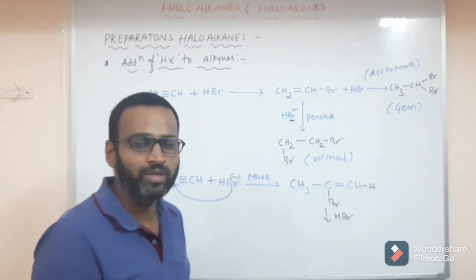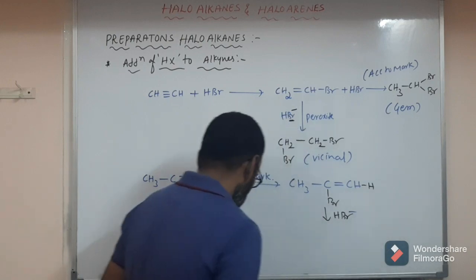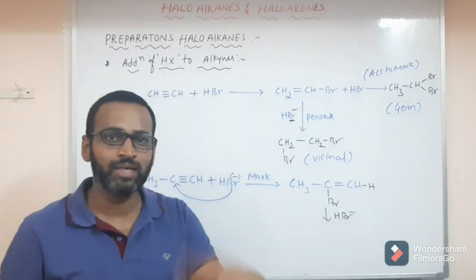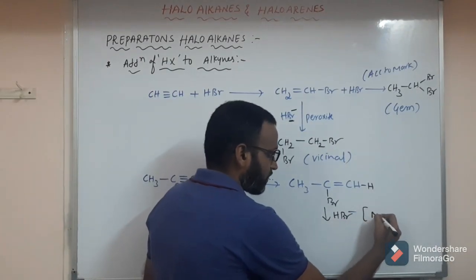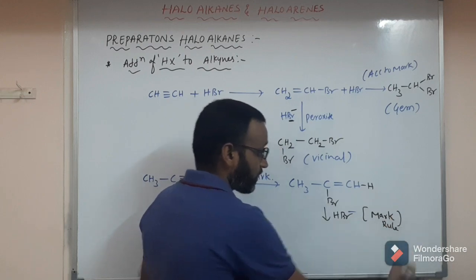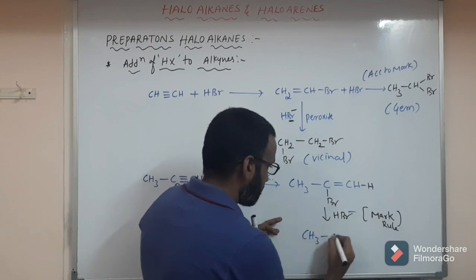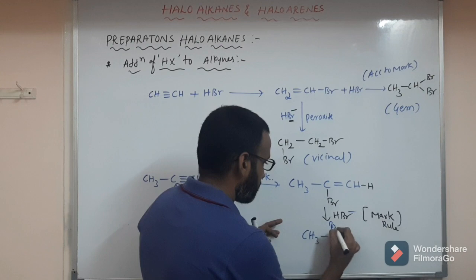According to Markovnikov rule, the negative species will add to the unsaturated carbon which has less number of hydrogens. So here no peroxide, so according to Markovnikov rule, the product is CH3, C with one Br here and another Br here, and a single bond CH3.